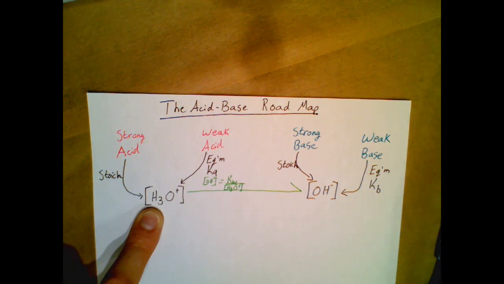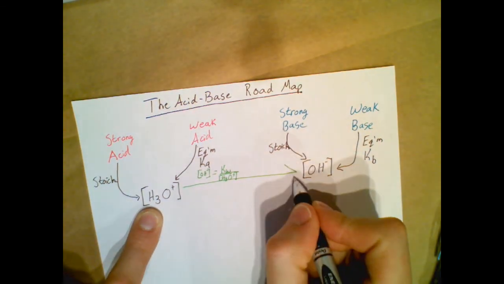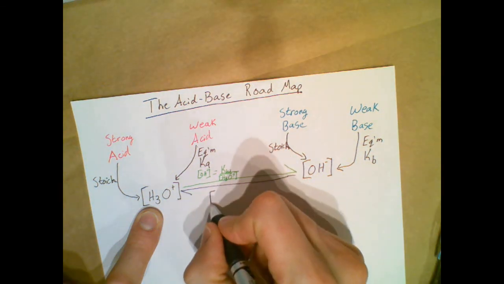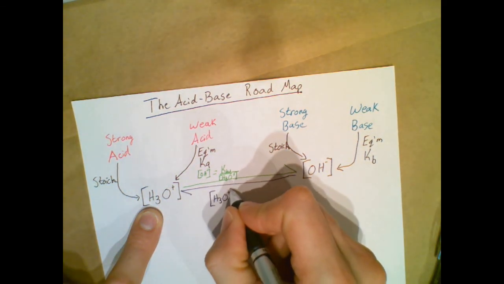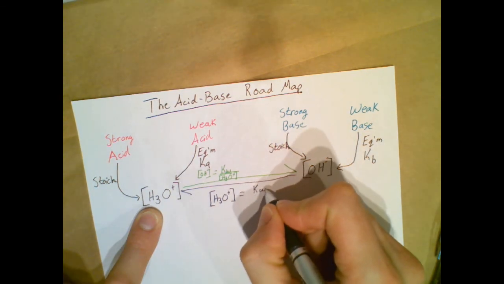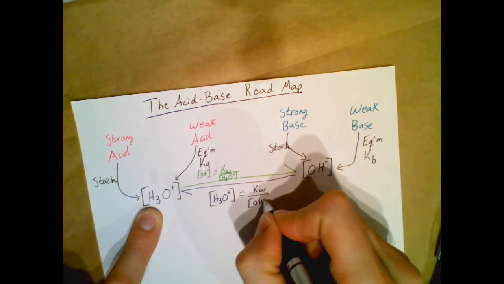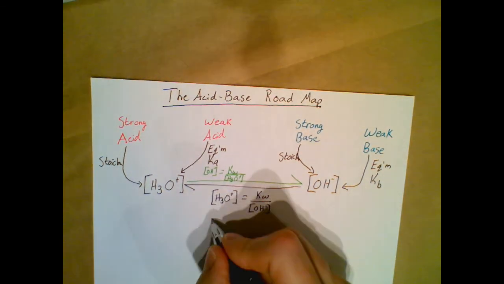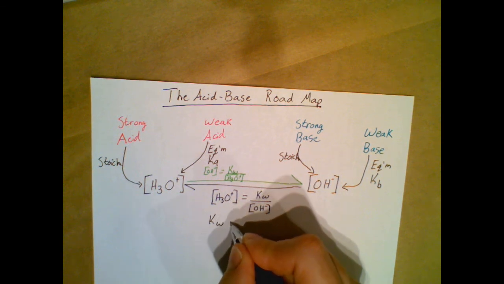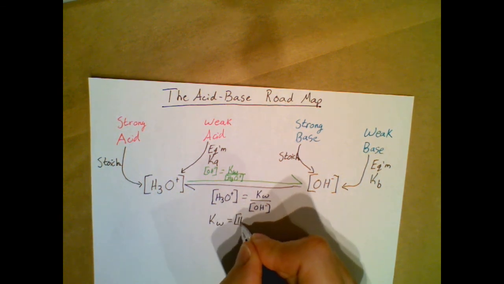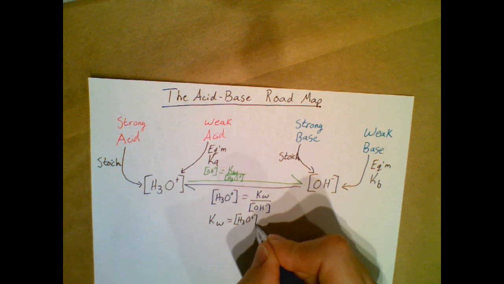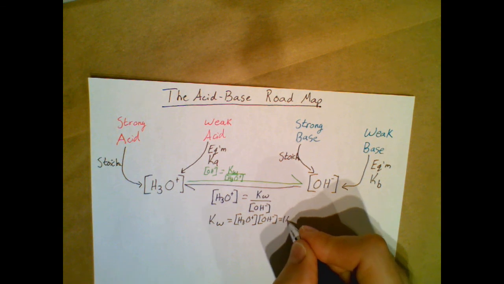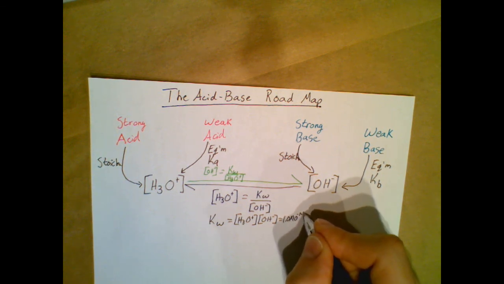But what if I know the concentration of OH minus and I want to know the concentration of H3O plus? Well, the concentration of H3O plus is going to be the Kw divided by the concentration of OH minus. So I can move back and forth in between those two. And it's all related because of the Kw. Kw is the concentration of H3O plus multiplied by the concentration of OH minus, and it has a numerical value of 1.0 times 10 to the minus 14.